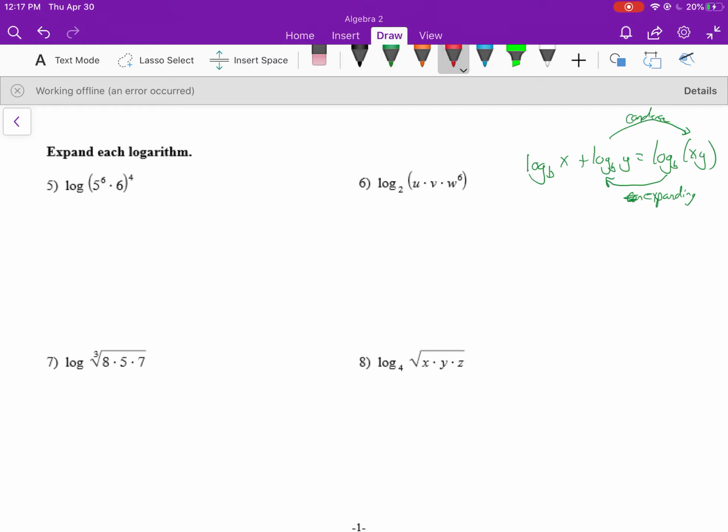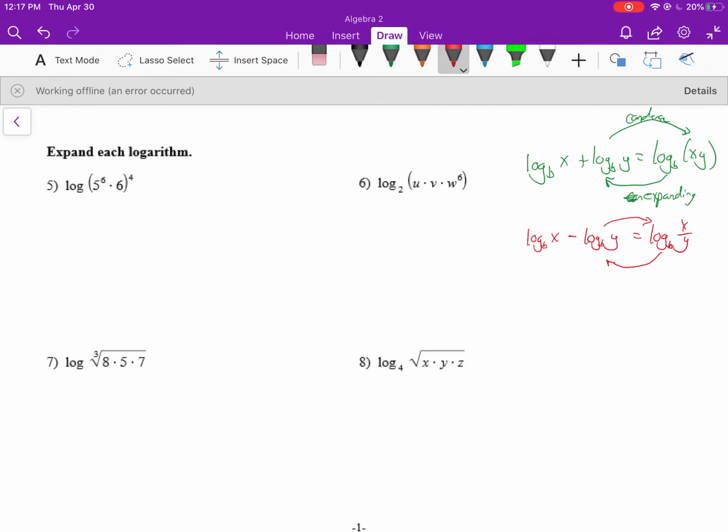Our rule for subtraction, log base b of x minus log base b of y is log base b of x over y. And again, this is expanding this direction and condensing this direction.